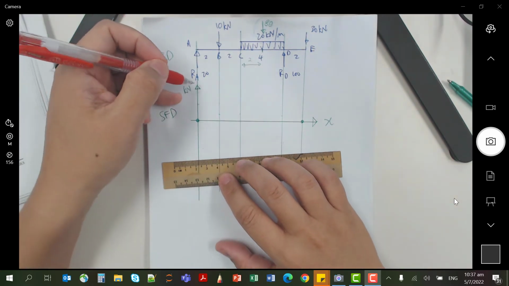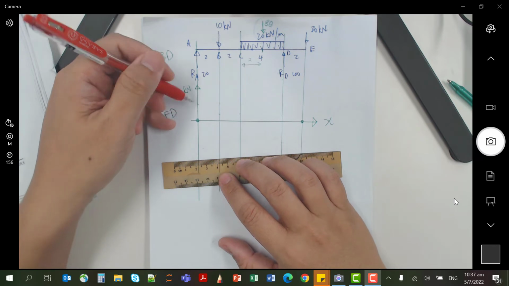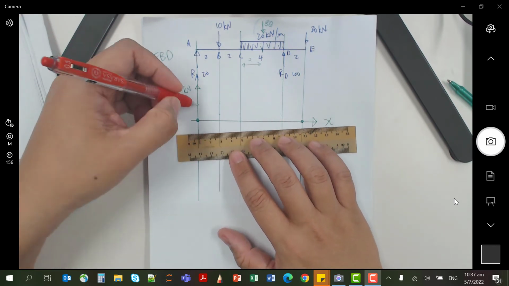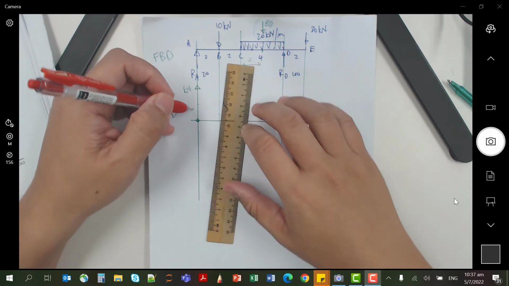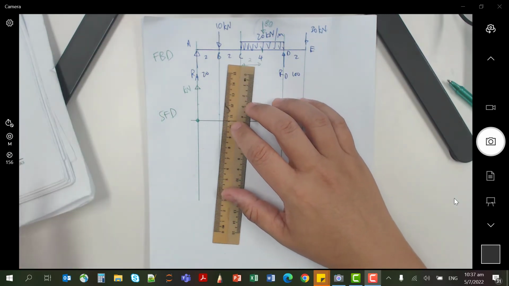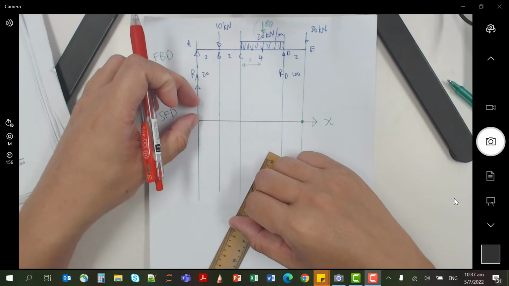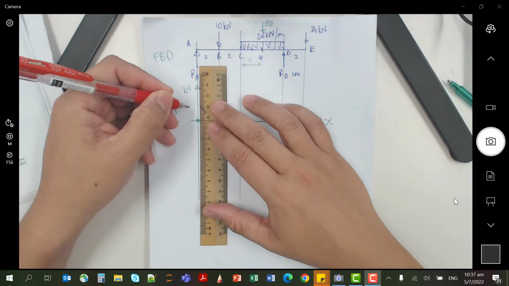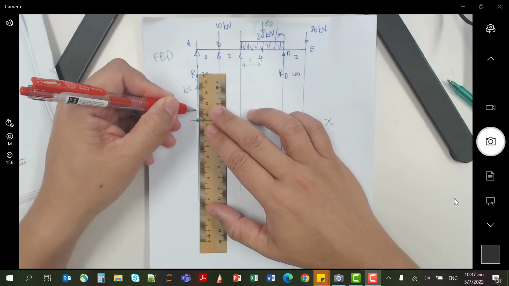Okay, first force being pushed up, so it's a positive shear, by 20. You should go to scale to draw this height. For my case, I'm just going to do rough.